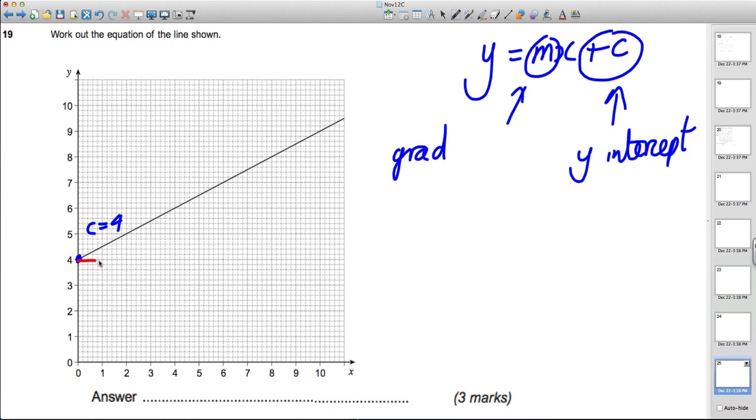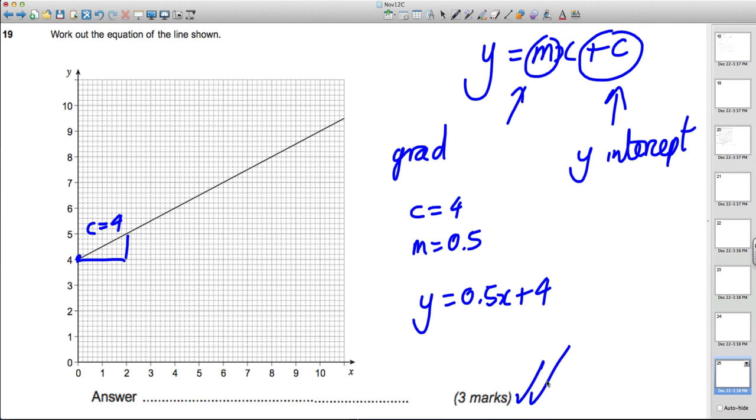As you go across 1, you seem to go up a half, so it looks like the gradient's a half. Let's just double check this. If the gradient was a half, that means if we go across 2, we go up 1, and indeed it is true. So c is equal to 4, m is equal to 0.5, therefore y is equal to 0.5x plus 4. Easy, easy, easy, 3 marks.